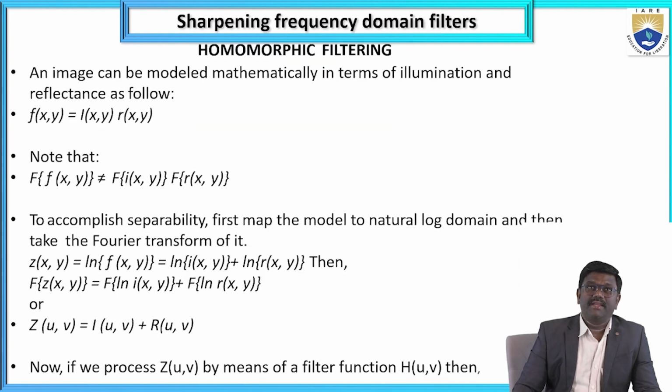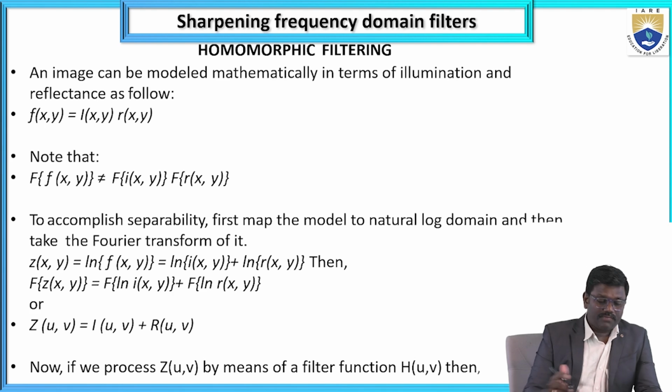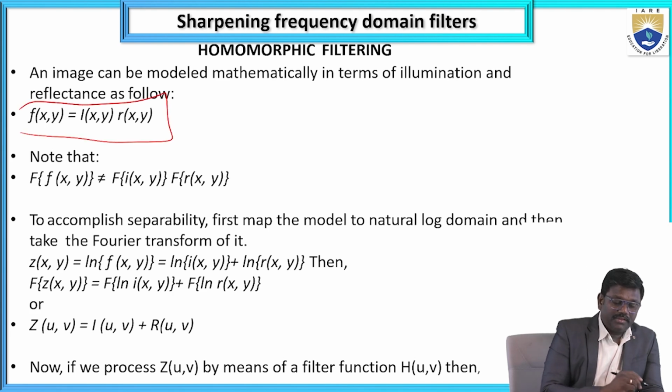I'm also extending one more important filtering process that we defined earlier and in the previous slide. This is the homomorphic filtering process, which mathematically is in terms of illumination and reflectance, as we prepare the object function f of x comma y based on these two.